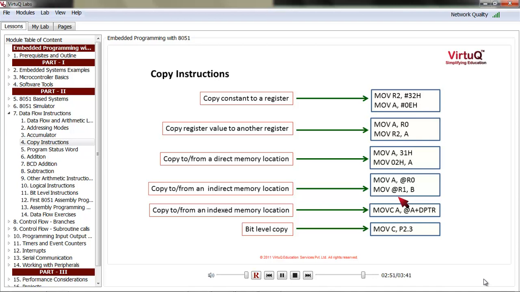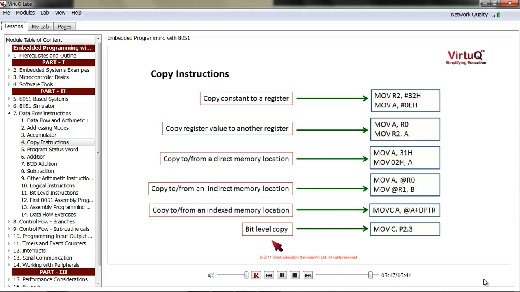Another copy instructions are copy to or from index memory location. So in the example here, the base address is there in DPTR register and the offset is there in accumulator. And the value present at that particular location when we add base address with the offset is being copied to accumulator back.